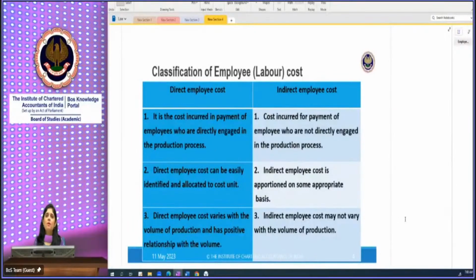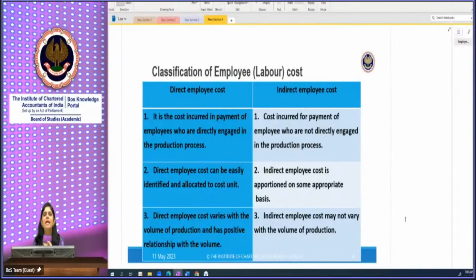But one supervisor is coming to the factory to supervise the production which is going on. We cannot measure the time of that supervisor, how much time he has seen machine 1, how much time he has seen machine 2. So the salary which we are paying to the supervisor, who is just coming and monitoring everything, is indirect cost.